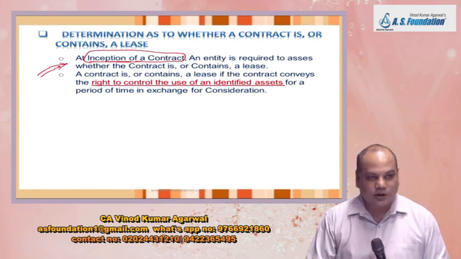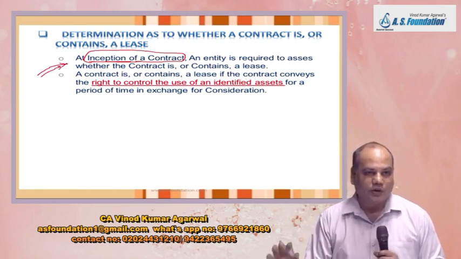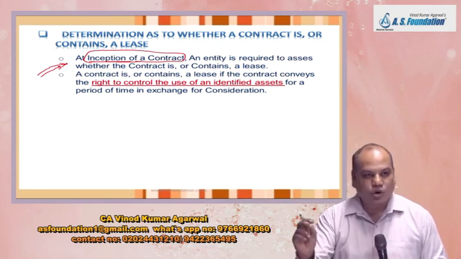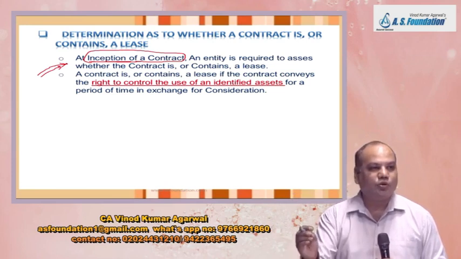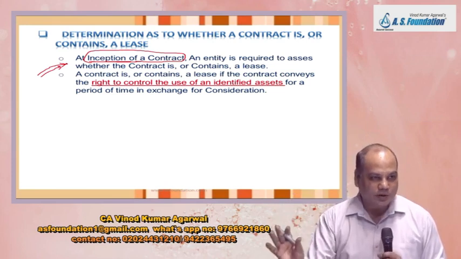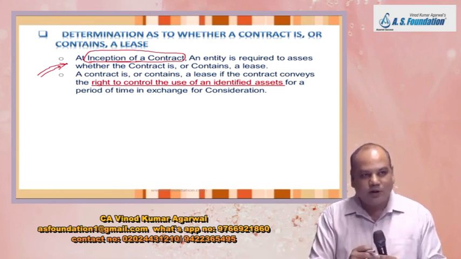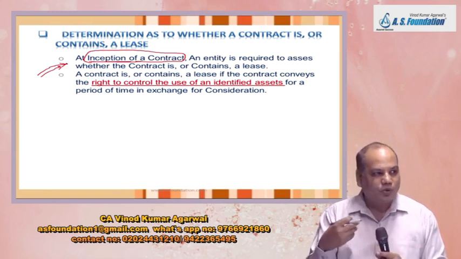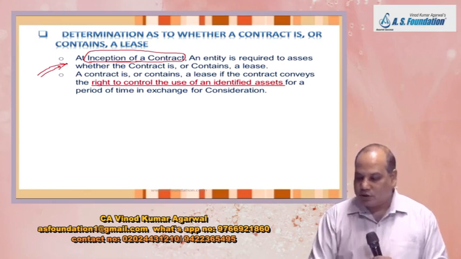At the inception of the lease. Inception of the lease means when you normally sign the lease agreement or you become committed to the provisions of the lease agreement. That you will see later, it is a little complicated. When you sign the agreement or when you become committed to the principal provisions of the lease agreement, that is called inception of the lease.